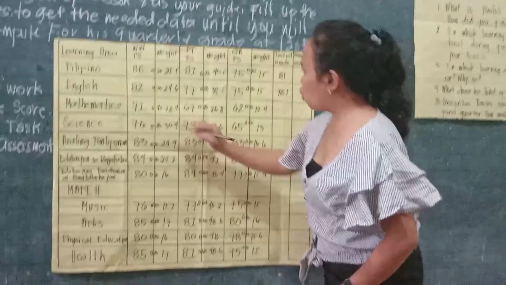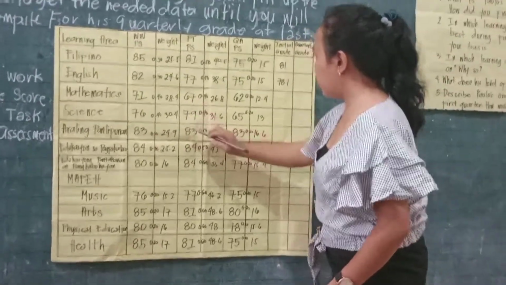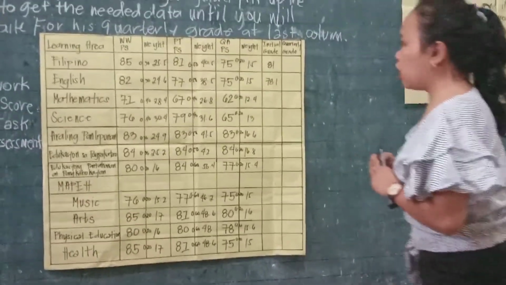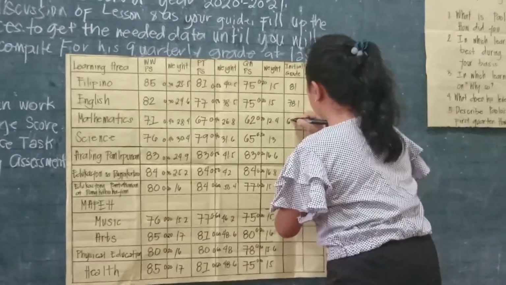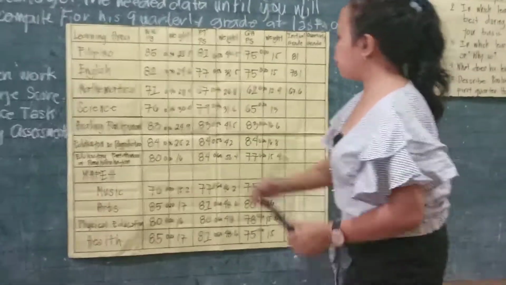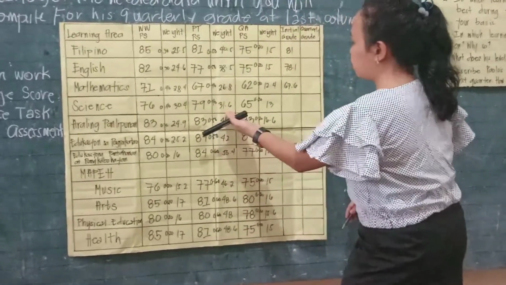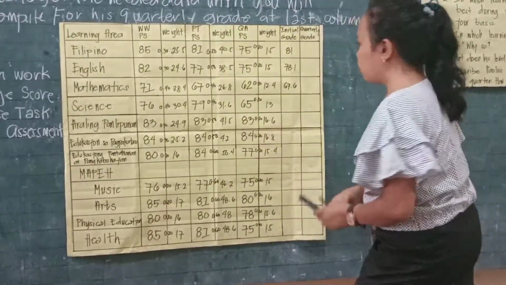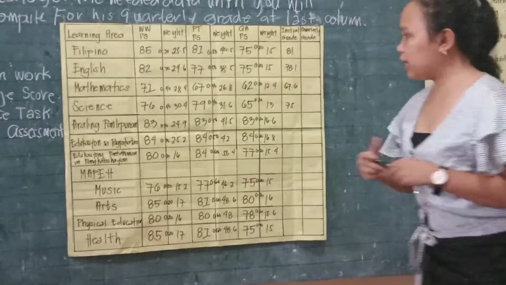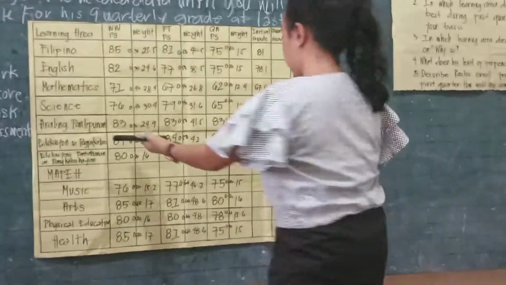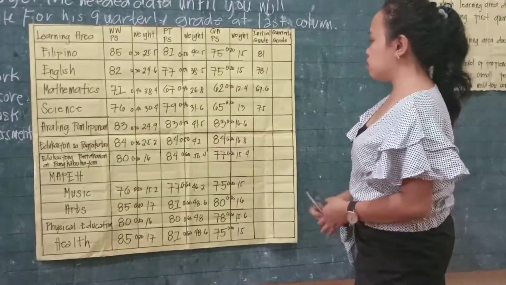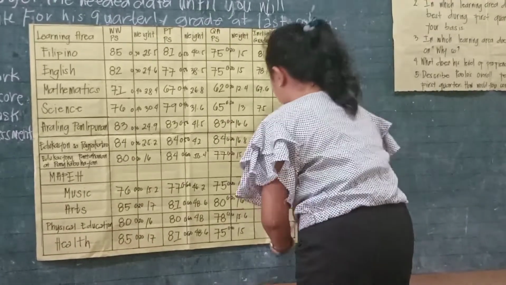Mathematics, we have 28.4 plus 26.8 plus 12.4 is equal to 67.6. In science, we have 30.4 plus 31.6 plus 13, then we have 75. Araling Panlipunan, we have 24.9 plus 41.5 plus 16.6 is equal to 83.